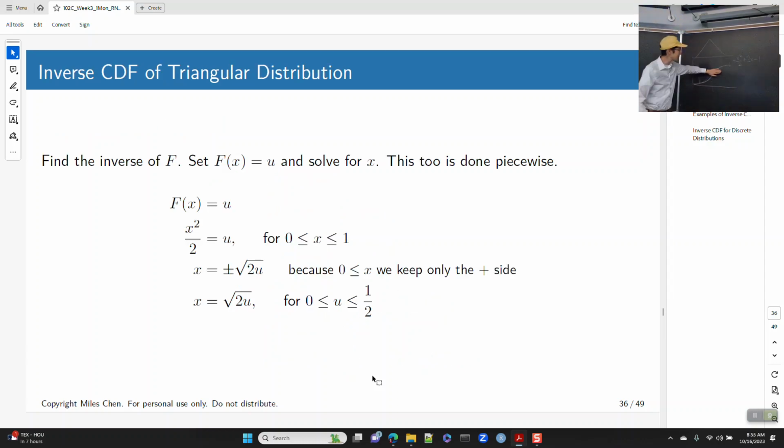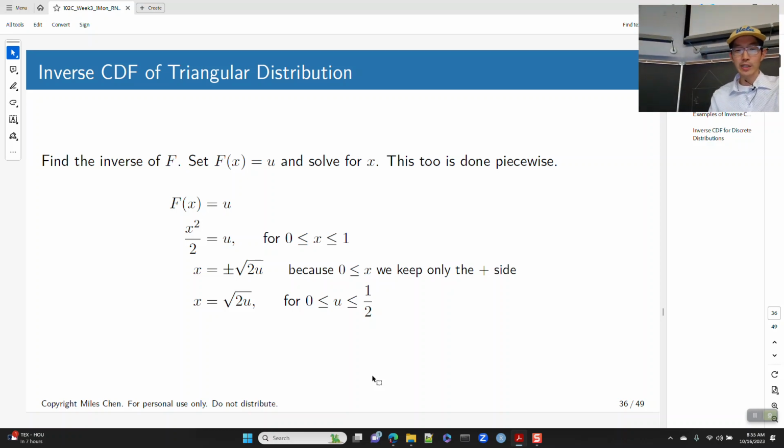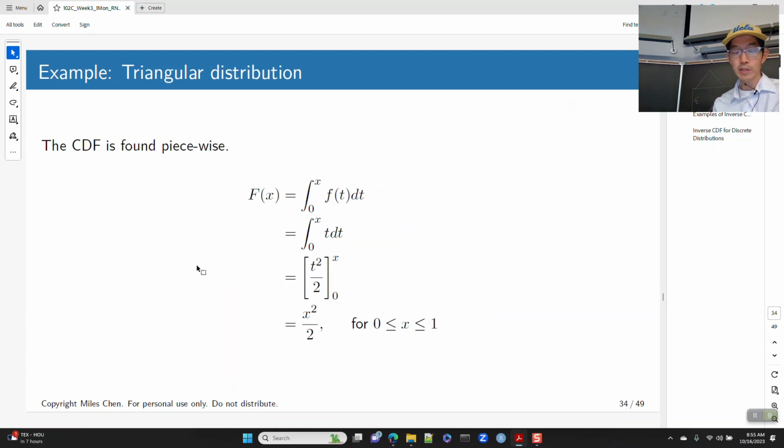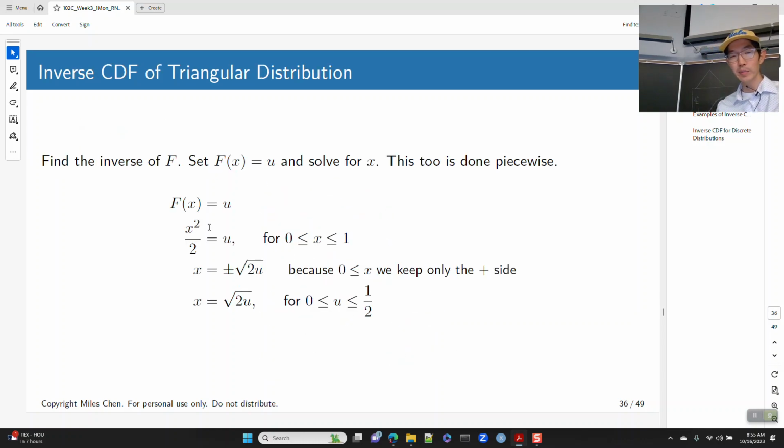And now we want to invert this. Basically we want to take this CDF and get an inverse of it, so we also have to do this piecewise. For values where x is between 0 and 1, on the left half, we set x squared over 2 equal to u, and then we want to solve for x.